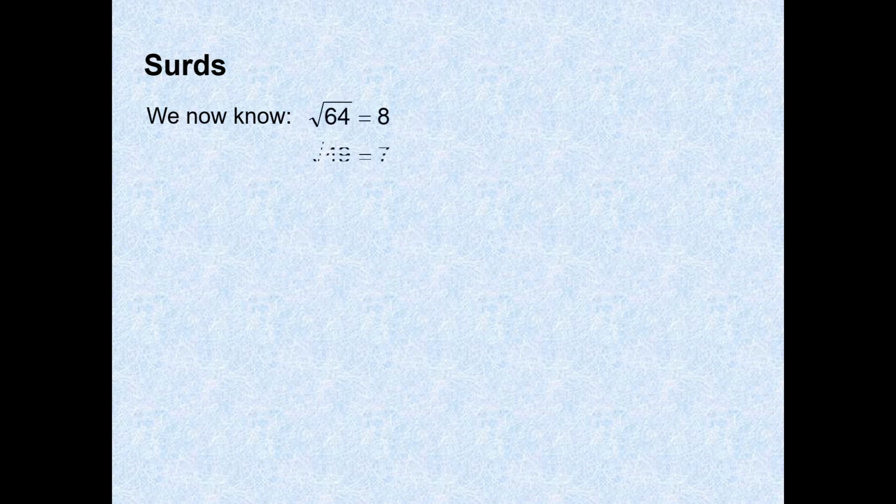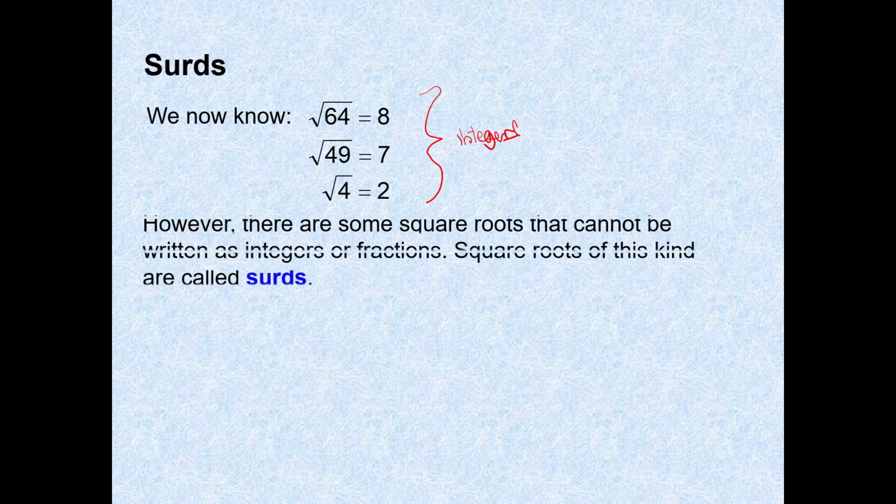And then, as we know, the square root of 64, the square root of 49, and the square root of 4 can be represented by integers, right? However, there are some square roots that cannot be written as integers or fractions.